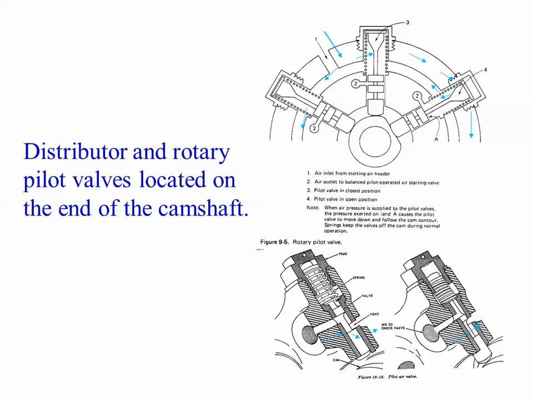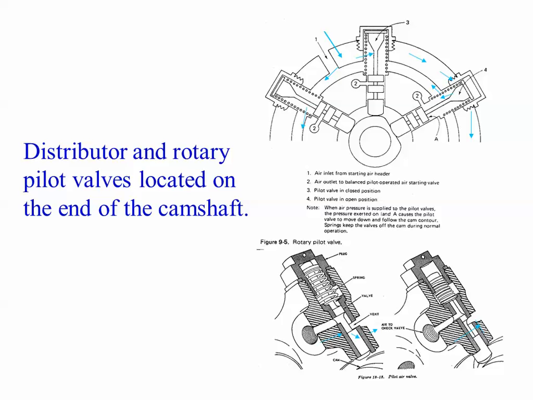Now, the other thing on the distributor, it has a camshaft lobe on it. And again, this is the one that is giving you the pilot signal to go to the start air valve for it to open and close. One of the things on these, those little cams and followers, they can wear over time.